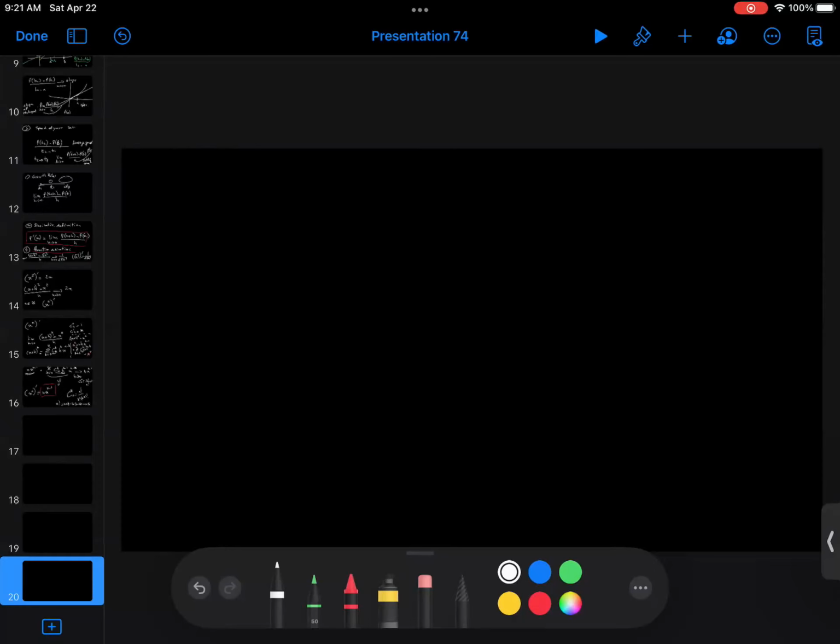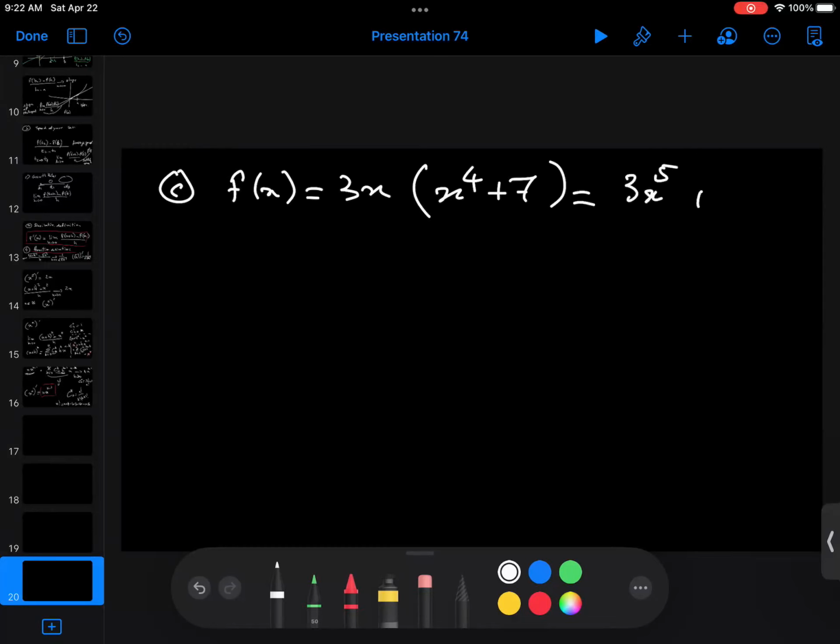Next example, let us assume that f of x now is 3x times (x^4 plus 7). I could also write this as 3x^5 plus 21x.